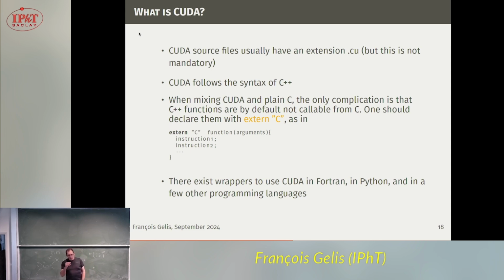And the advantage is that the ones I mentioned right now have been written by software engineers from NVIDIA. So in principle, they know what they are doing and they know the hardware very well, so it works fast. And if you were to implement it yourself, probably it would not work as well. So whenever you can, do not reinvent the wheel.